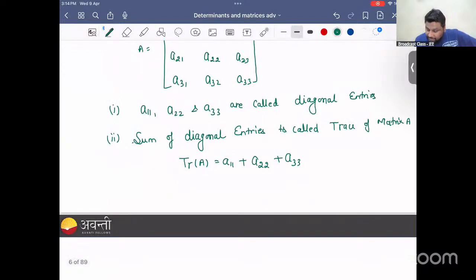Agreed? Now the third term, Aij where i is not equal to j, means A12, A13, A23, A32, all these entries, we call off diagonal entries.